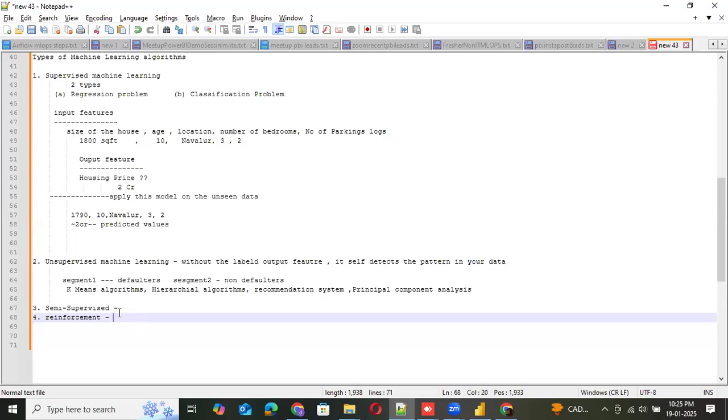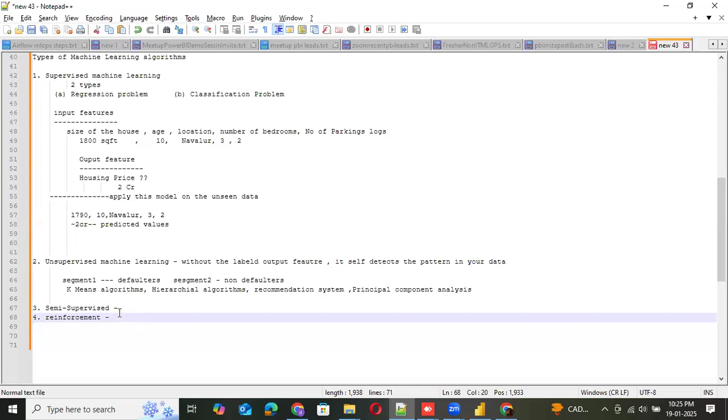Okay. So what is a machine learning algorithm? If somebody asks, what is your answer? Without writing the programs explicitly, we just train the model with historical data. Historical data, we are going to show it. But the historical data should contain both input and output features. Your model will ask, tell me what the input features in the historical data are. Tell me what the labeled output feature is.